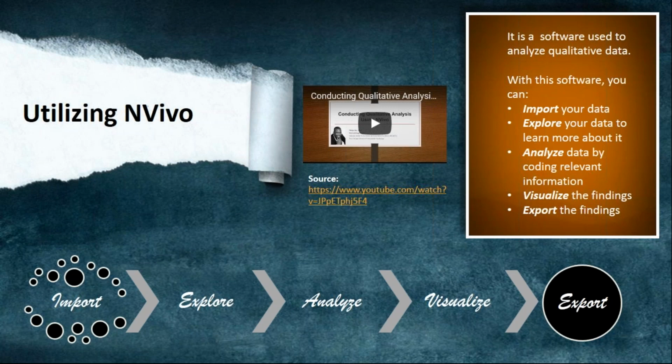The software cannot automatically code your data for you. Although we have auto coding, it's just organizing your participants' significant information. It's not going to assign labels to them. So the software just helps you in your organization.